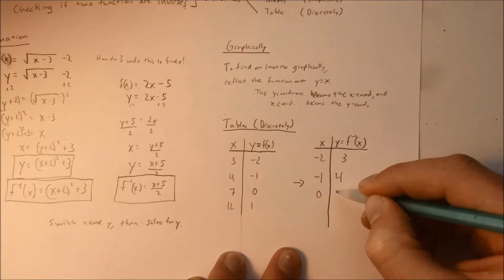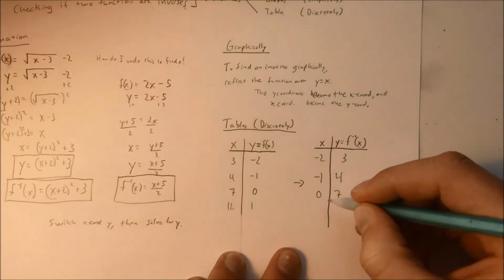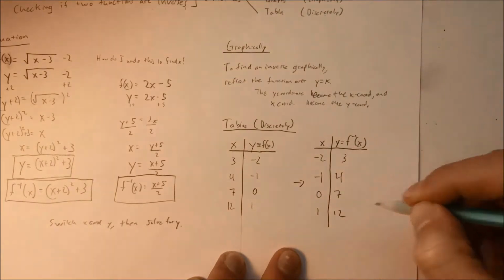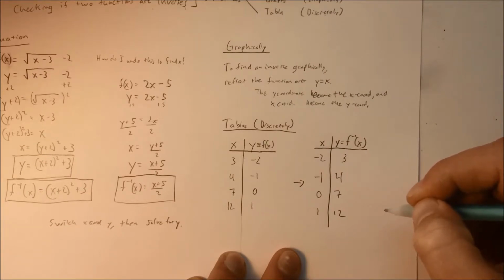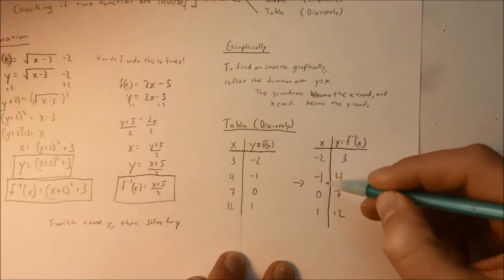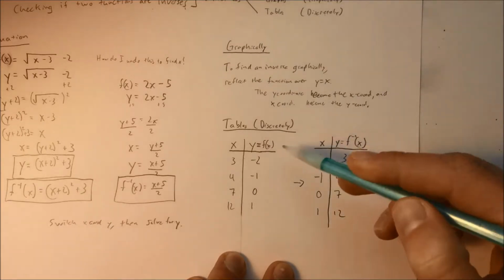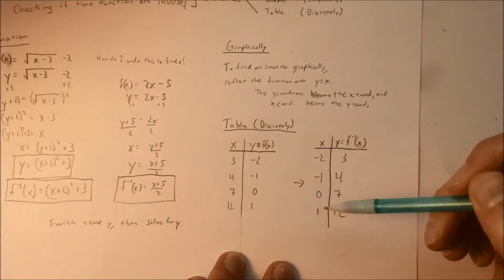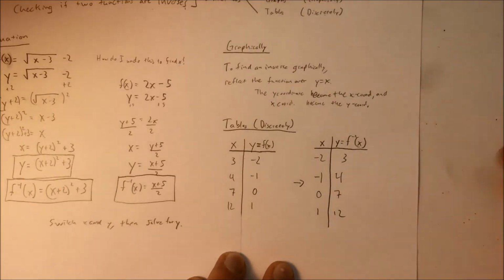Same thing here, 0, 7, 1, 12. And we could see that from our graph. If we look at the graph, we'd be able to see it follows this exact same pattern. So if you got a table and you need to find the coordinates, just switch them. That's all you have to do.